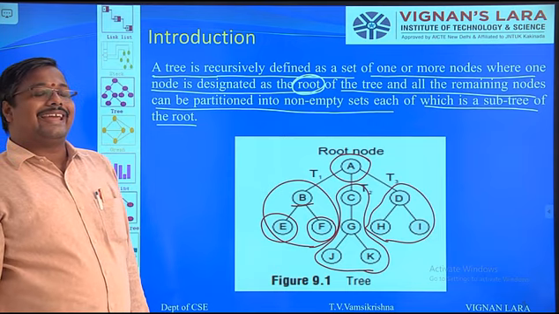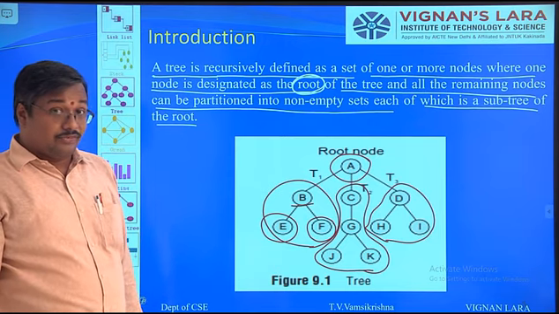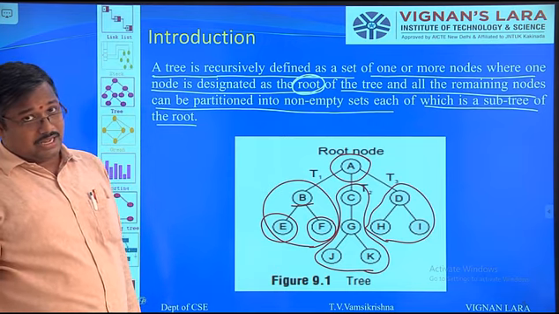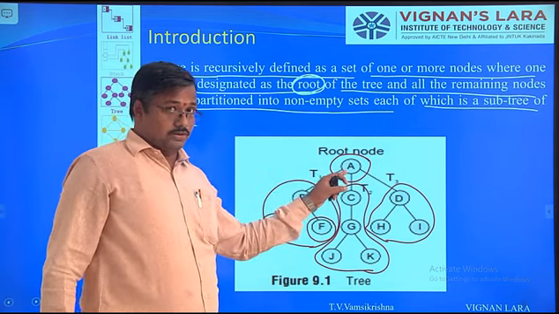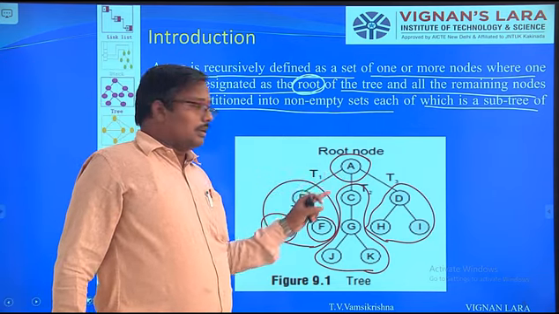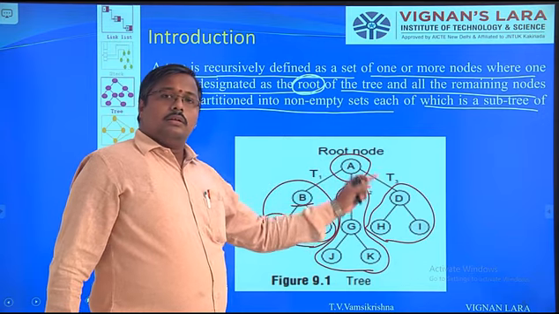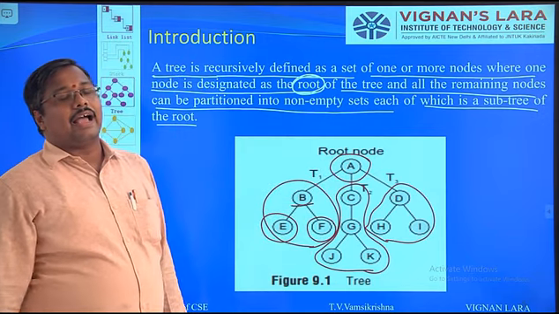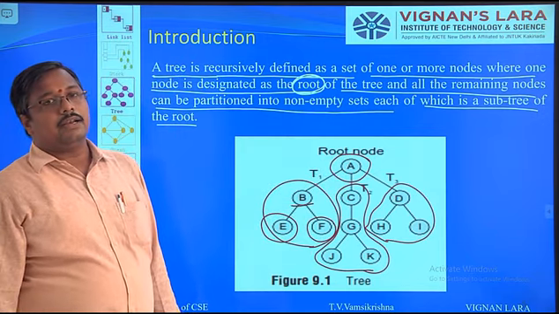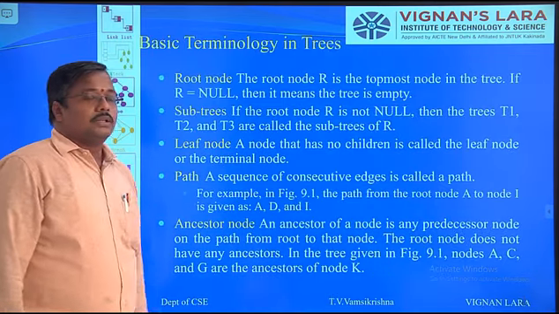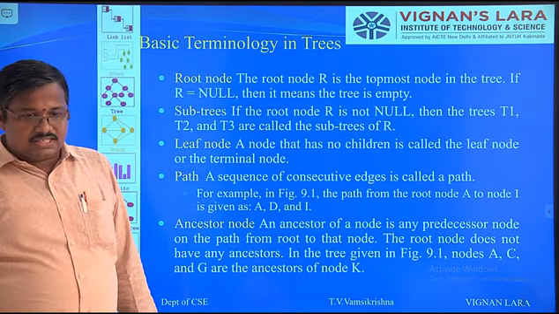Like that, a tree can be represented as a set of nodes, where one node is designated as the root node, and the elements are organized in a hierarchical pattern.